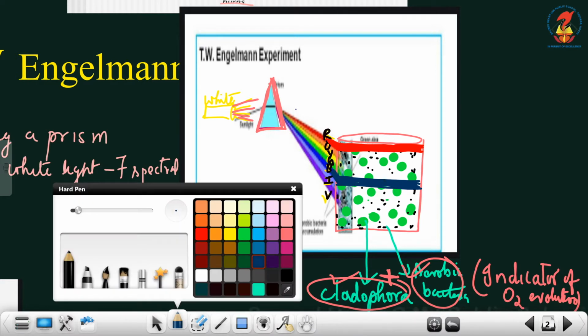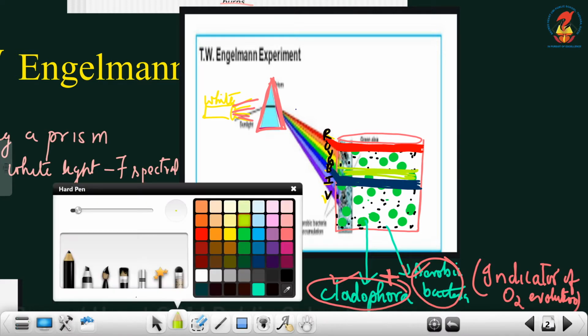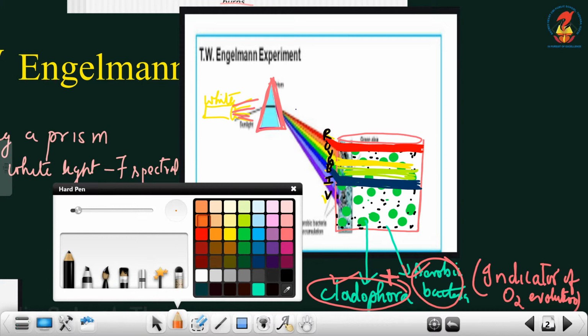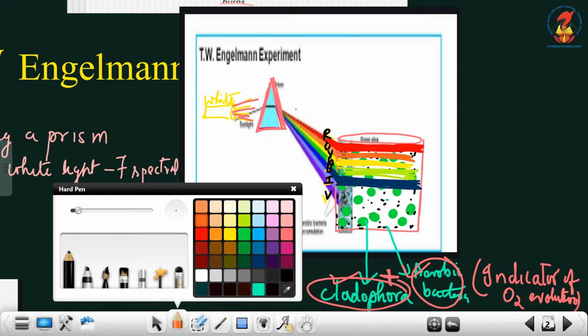I will just simply highlight the other green. Green is here, then just above green there is yellow, and just above yellow is orange, and below the blue is indigo, and below indigo is violet.